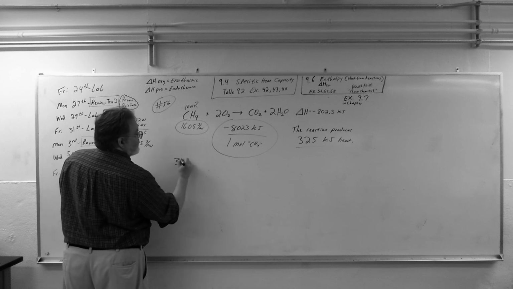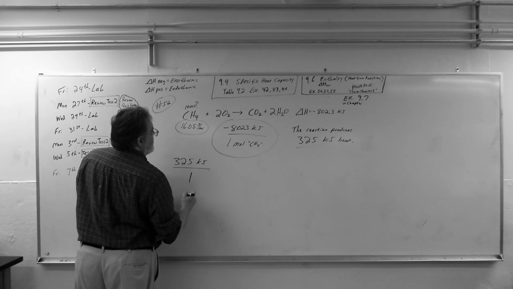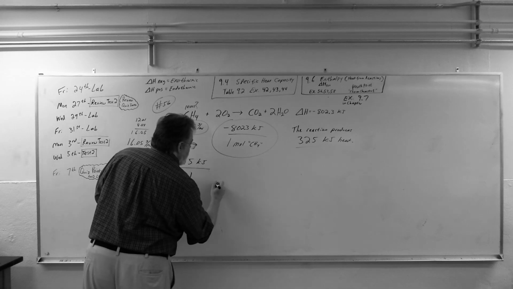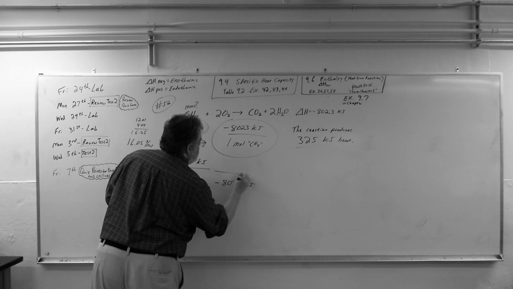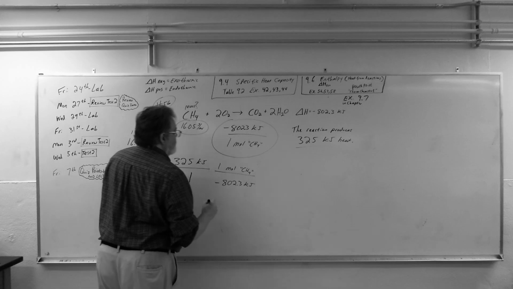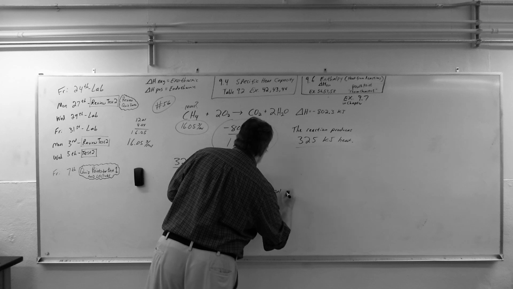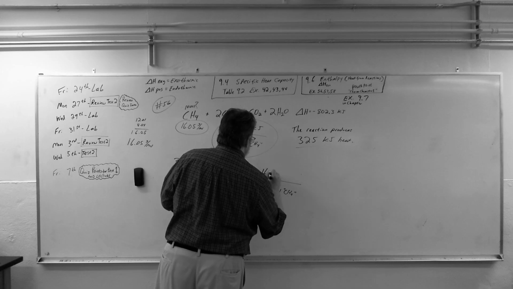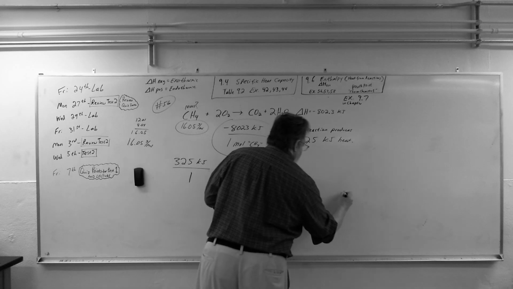So I start with 325 kilojoules, and then I want kilojoules on the bottom, so I'm going to use this flipped over. Kilojoules to 1 mole. And now I'm going to use this, moles on the bottom. That'll end on grams.